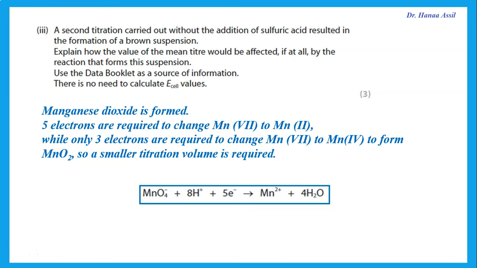But to change from manganese +7 to manganese +4, that's only 3 electrons. Manganese in the +4 state is the one that forms manganese dioxide. So we need fewer electrons, so a smaller titration volume will be required.